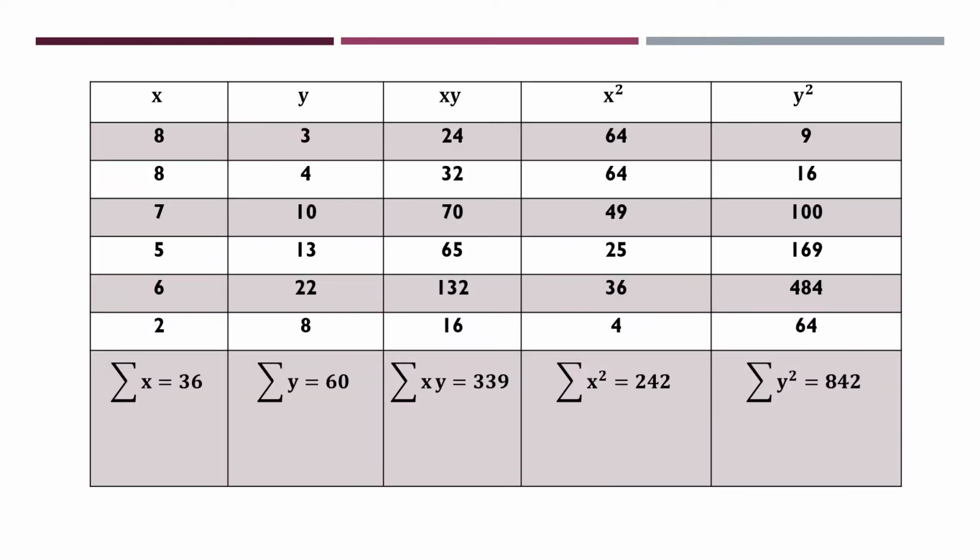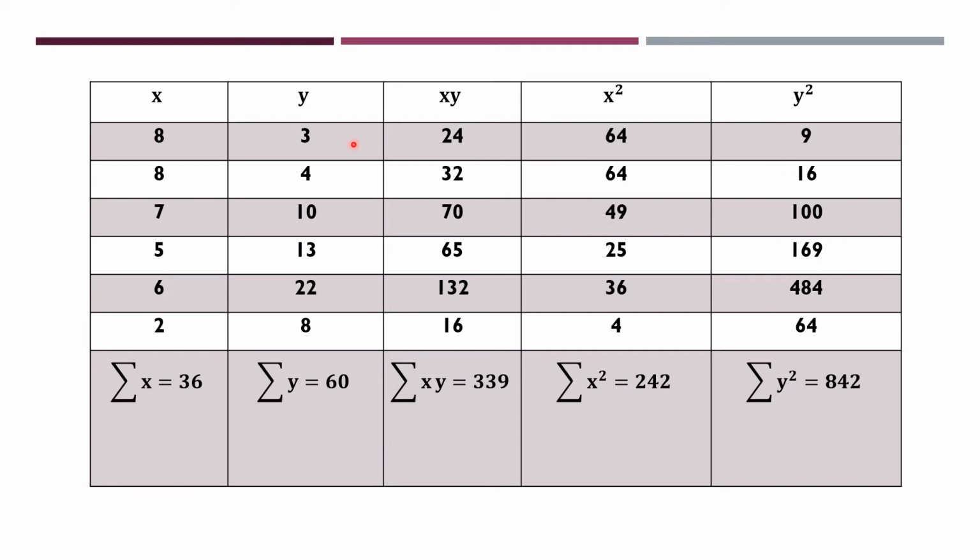So again forming the table. x we have this value, y value is already given. Multiplying x and y, we get the xy column. Square of x will give x square and square of y will give y square. 8 into 3, 24; 8 into 4, 32; 7 into 10, 70; 5 into 13, 65; 6 into 22, 132; 2 into 8 is 16. Squaring the x values: 8 square 64, 7 square 49, 5 square 25, 6 square 36, 2 square is 4.